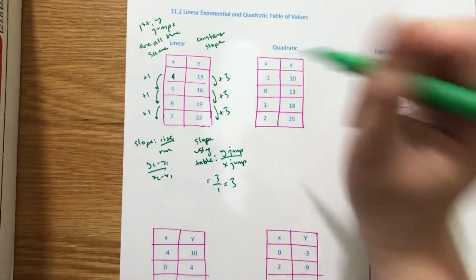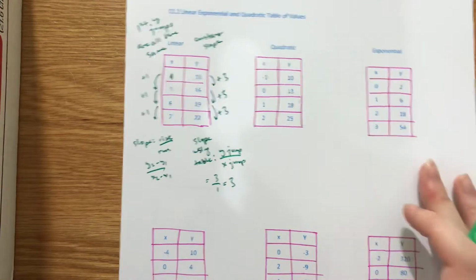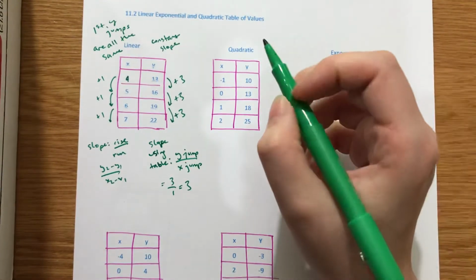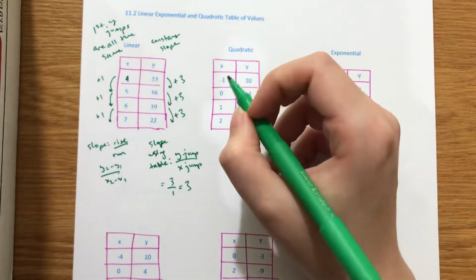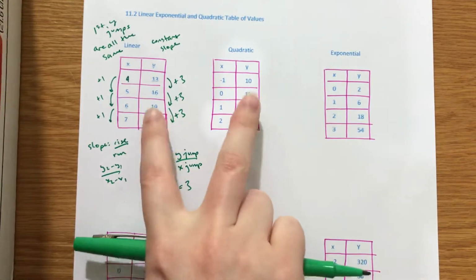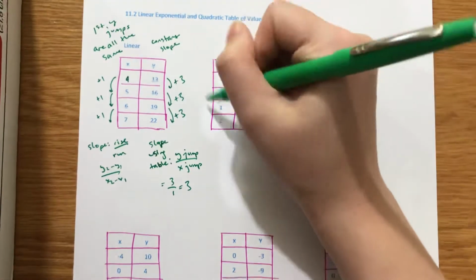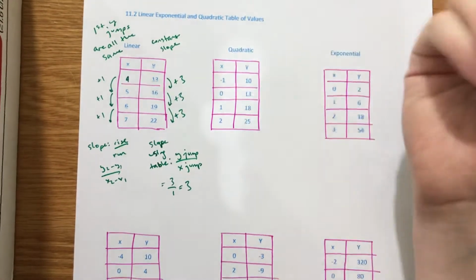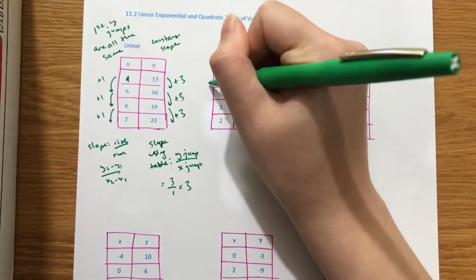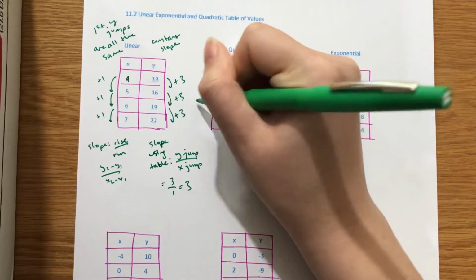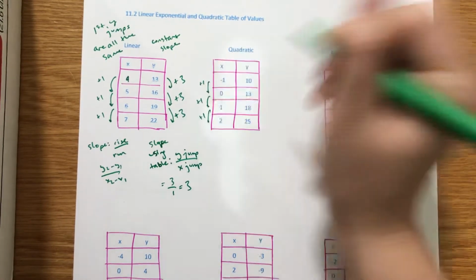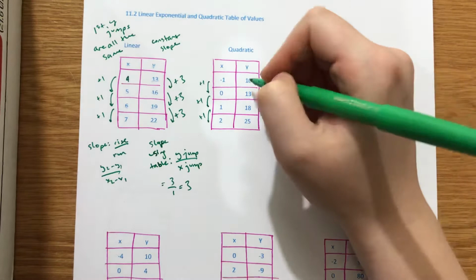So this one's linear. But let's take a look at a quadratic. I'm specifically going to compare linear and quadratic because they're kind of the most similar. Again, the jumps on the left side, your x's, should always be consistent of some sort. So it goes from -1 to 0, plus 1. 0 to 1, plus 1. 1 to 2, plus 1. But let's check out the right side.